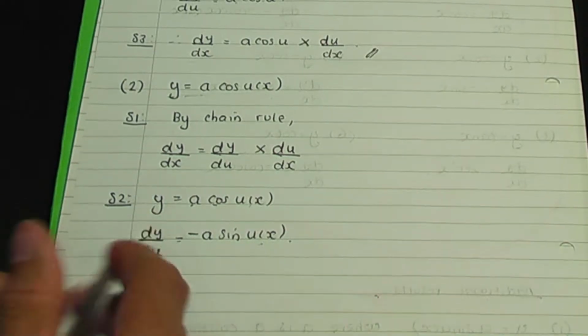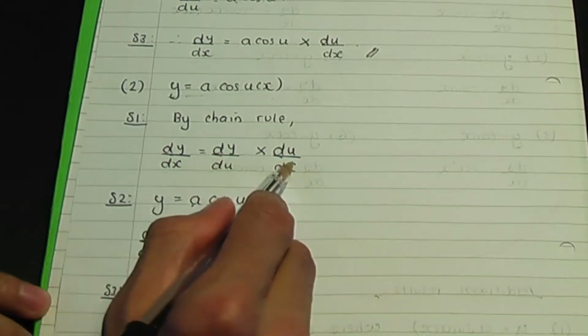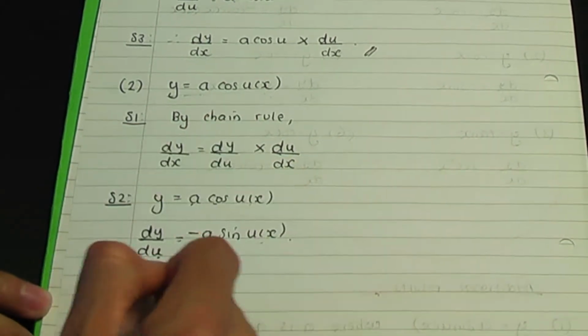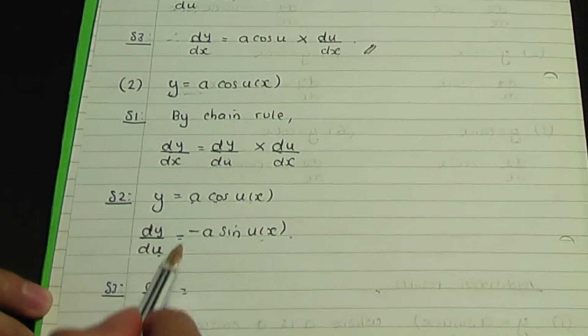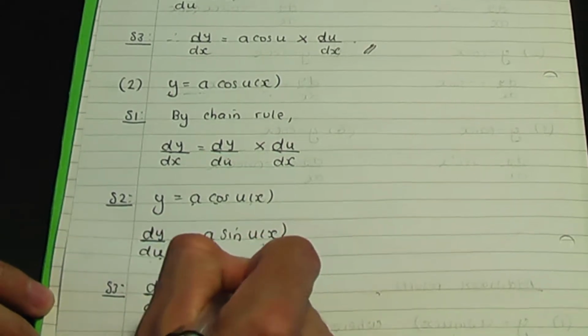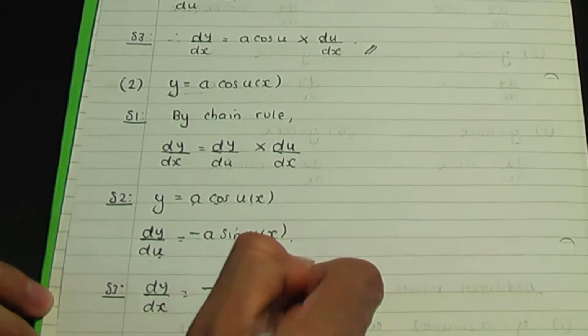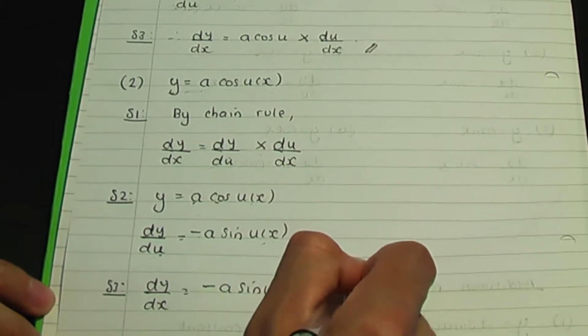So in step number 3, if I replace dy by du in my chain rule, therefore dy by dx will be dy by du, which is minus a sine ux, or minus a sine u, multiplied by du over dx.